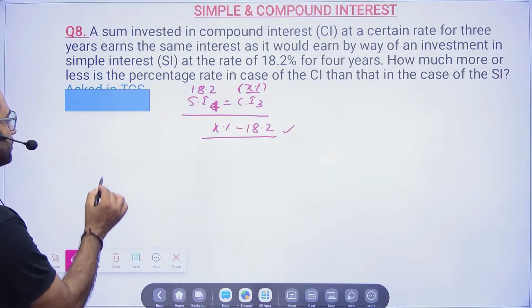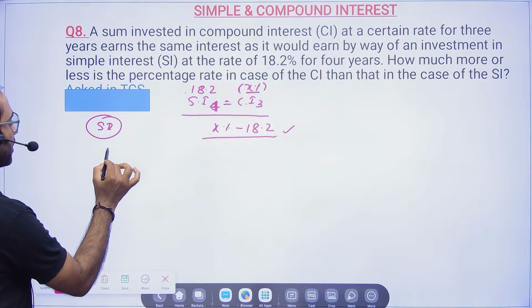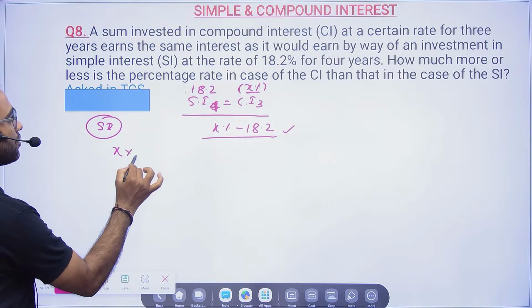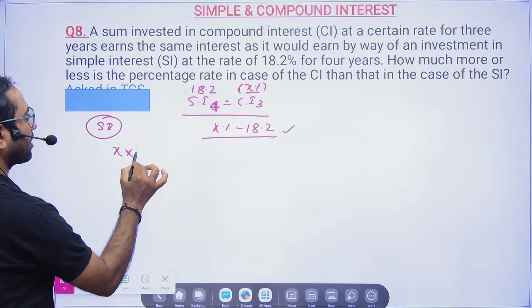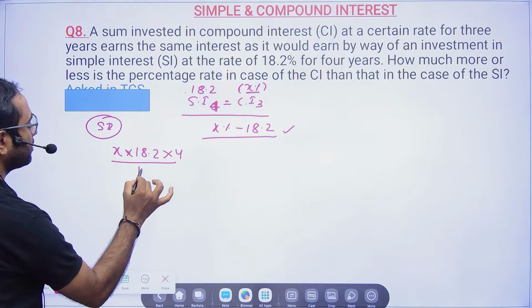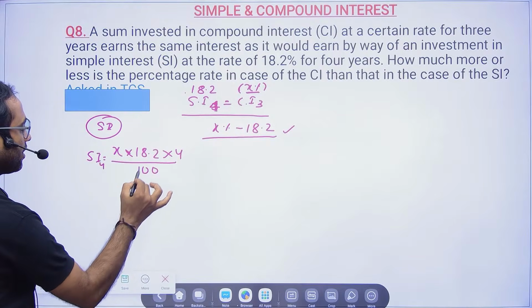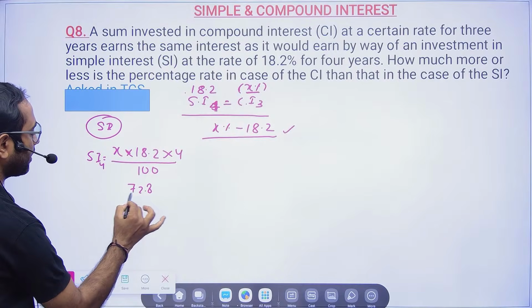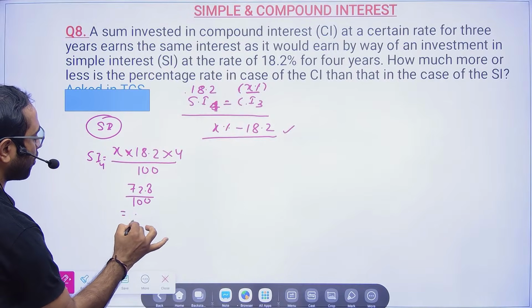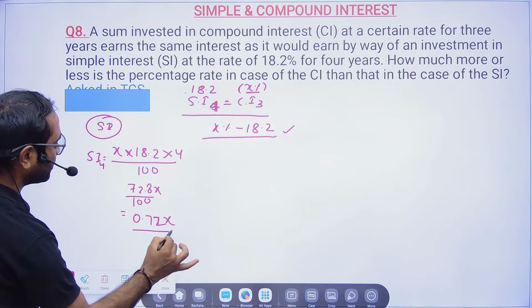Now in simple interest, simple interest will be equal to principal x into 18.2 into 4 by 100. So my simple interest for 4 years is nothing but 72.8 by 100, that is 0.728x. This is my simple interest.